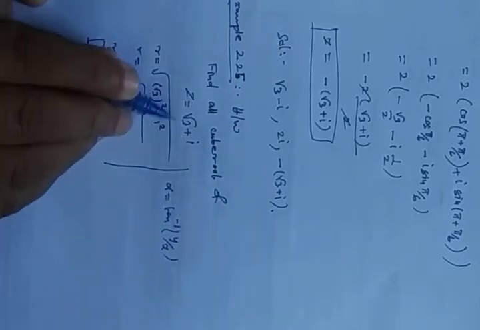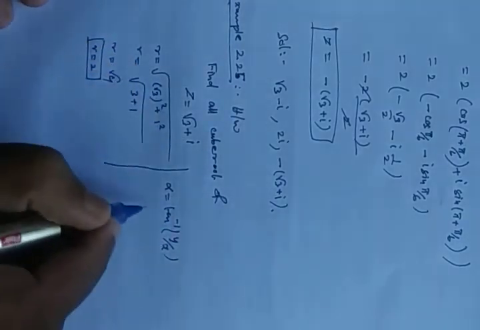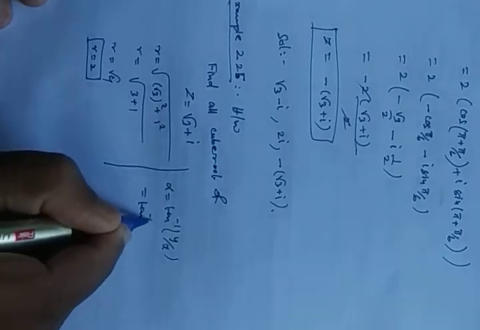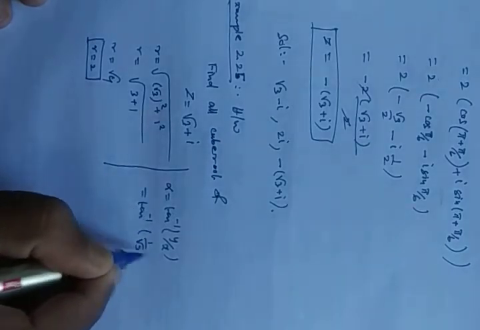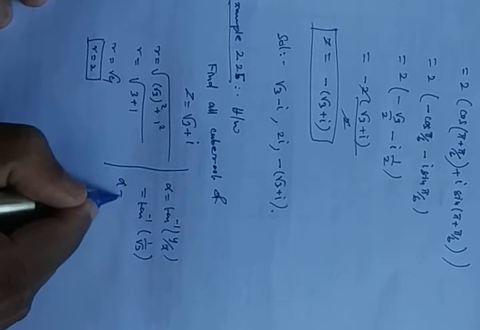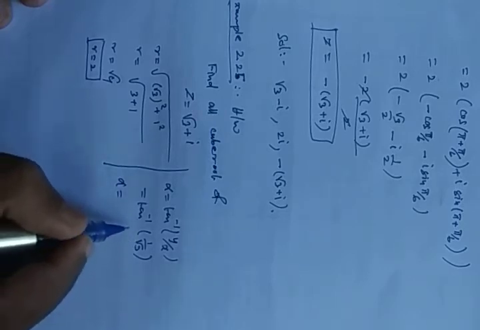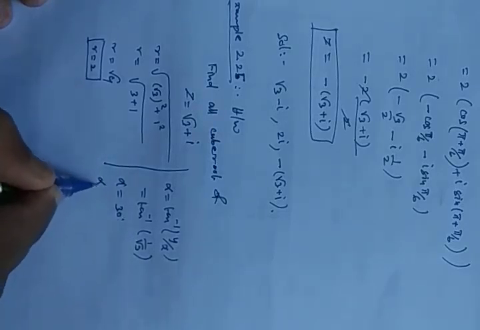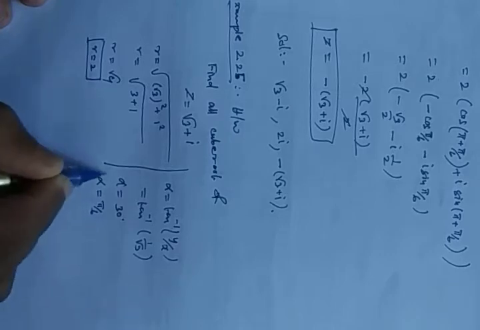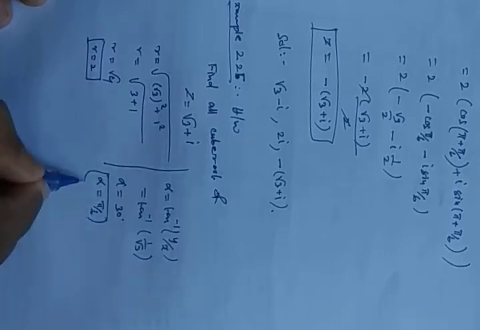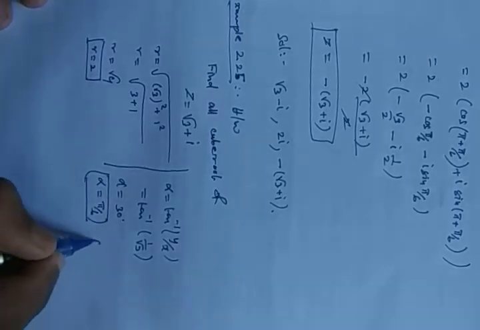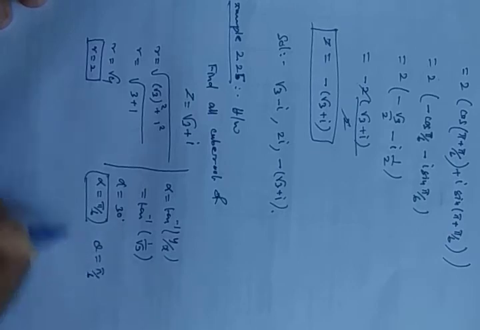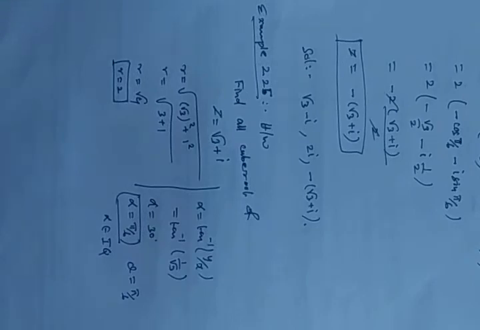Here y is 1 and x is root 3, so alpha is tan inverse of 1 by root 3, which is 30 degrees, that is pi by 6. Since it belongs to the first quadrant, the theta value is pi by 6 only.